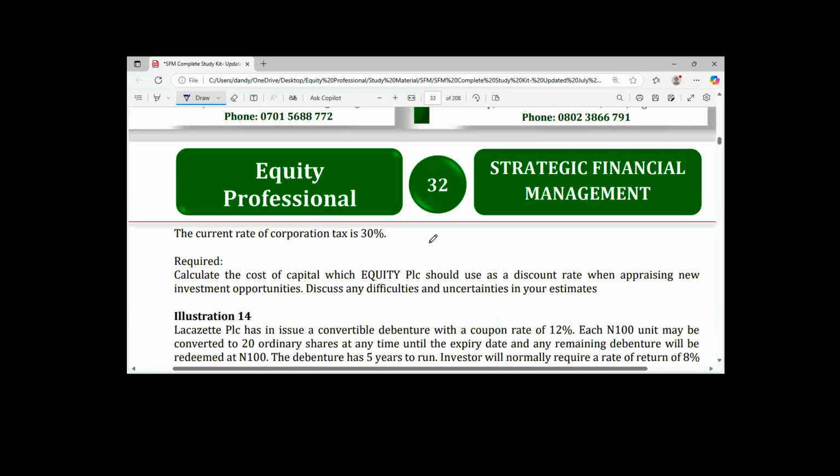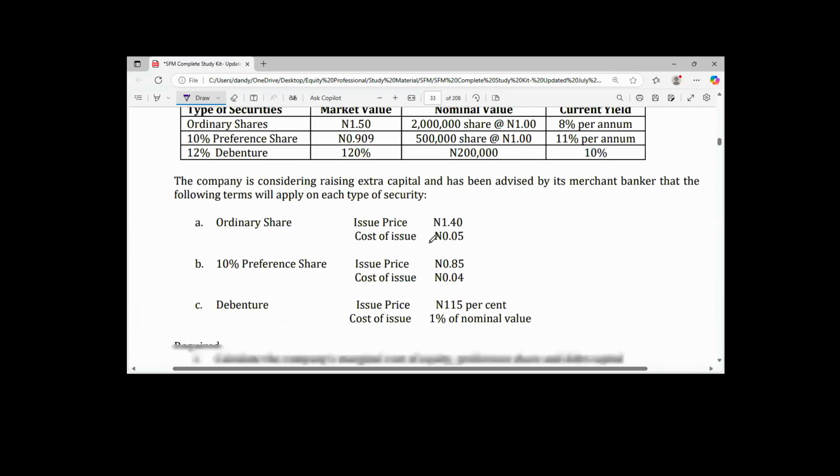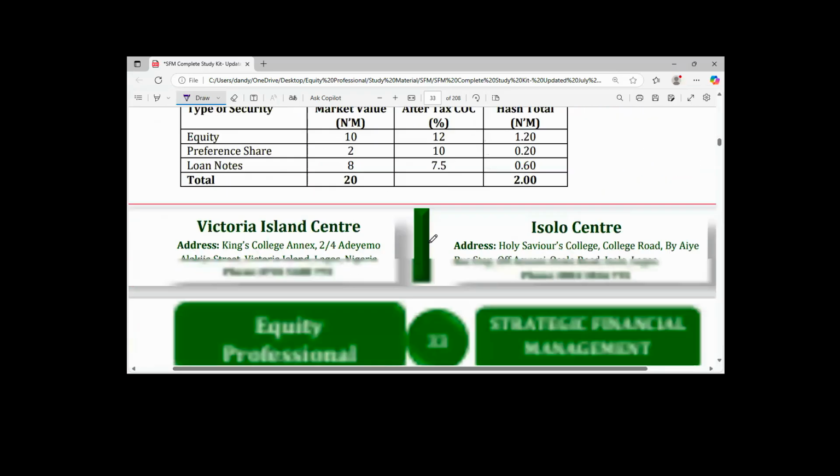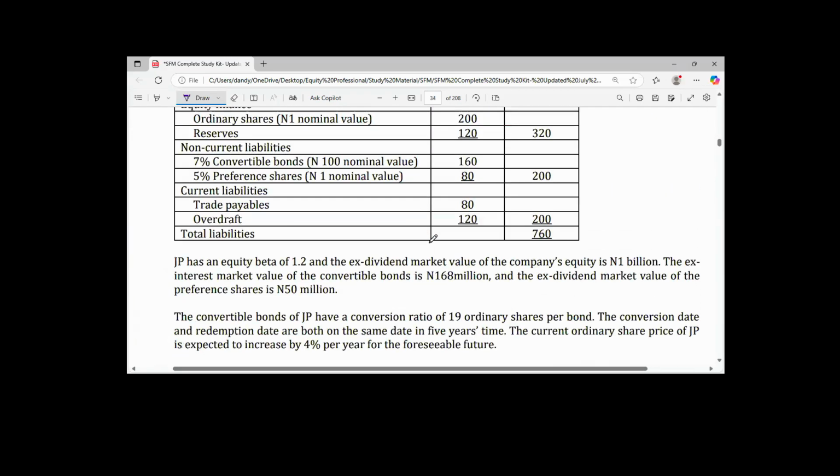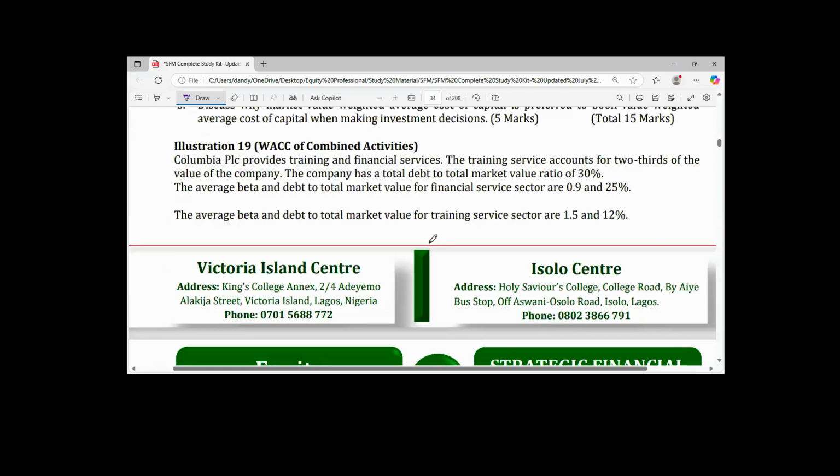Let me see. Yes, let's have illustration number 19, please. I need somebody to read for us. Illustration number 19. Yes.